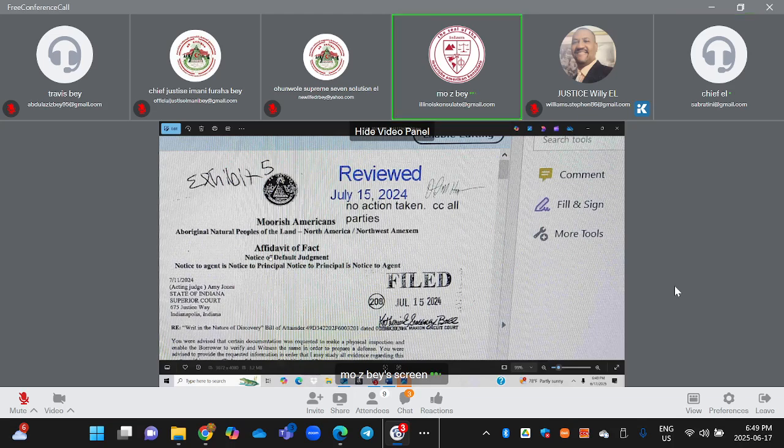And the reason why I say that it doesn't say it came from a court, but you must understand it did come from a court, because the person that did this document is a national, and by that status, they are the people.